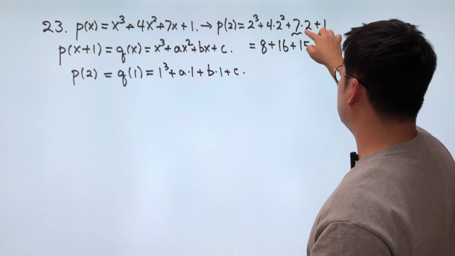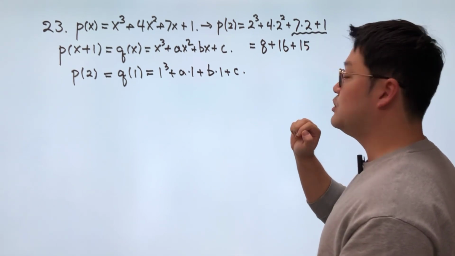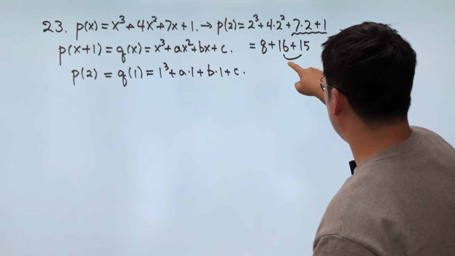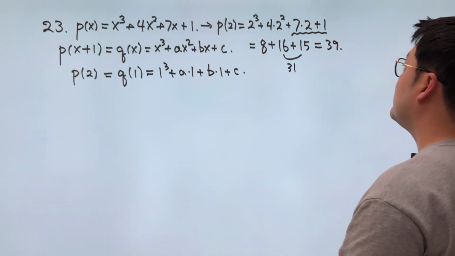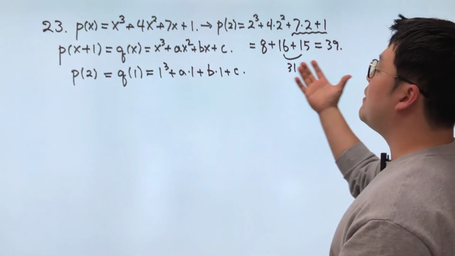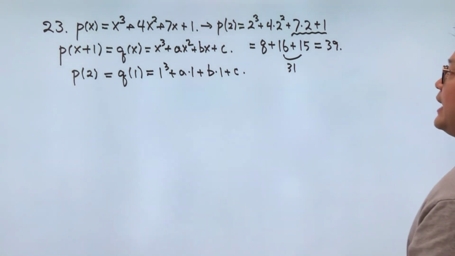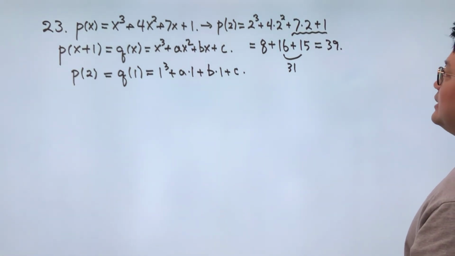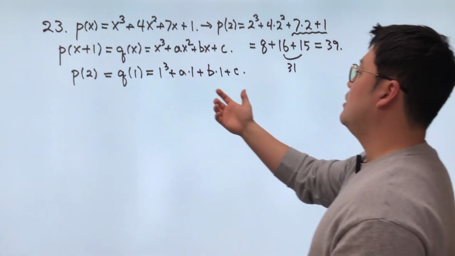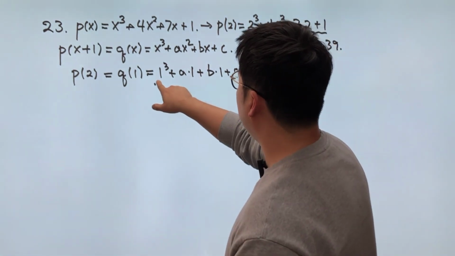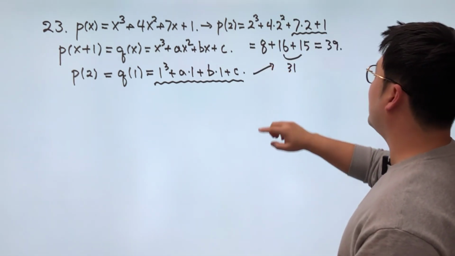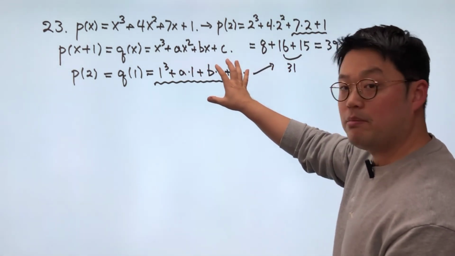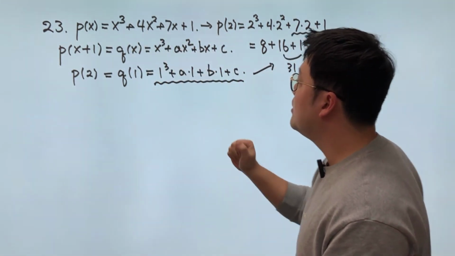Let me just do mental math real quick. That becomes 31, so we get 39. So here we go, we have found 39. Now we have to find out that 1 plus a plus b plus c is exactly equal to p of 2.